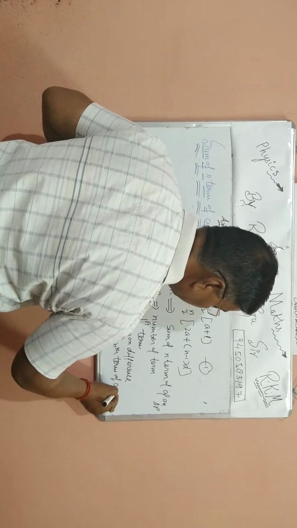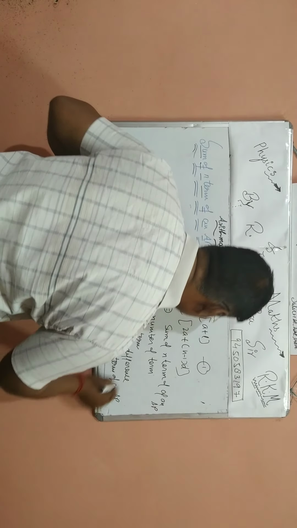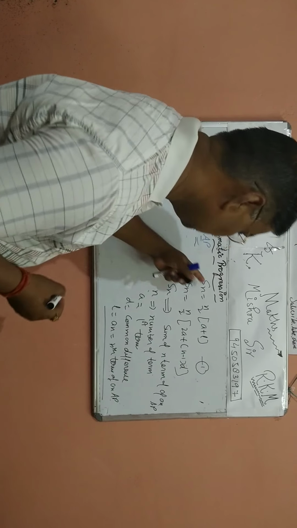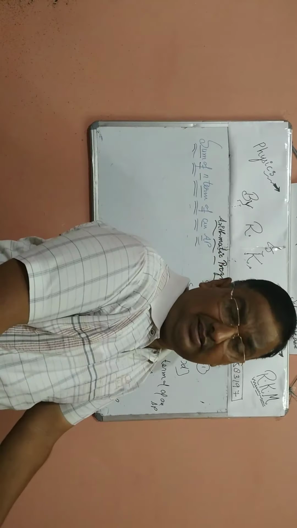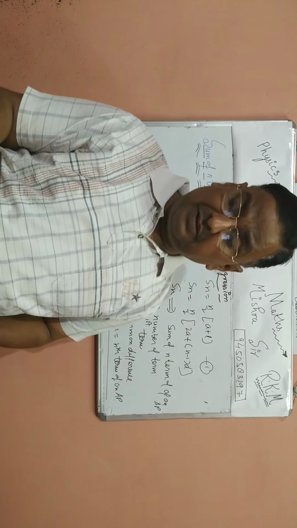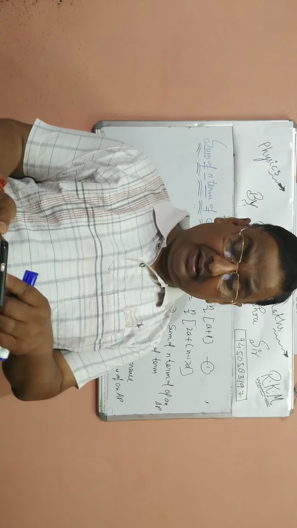So these are the terms included in the sum of n terms of AP. Now you have to use these two formulas to solve the sum of n terms of an AP.